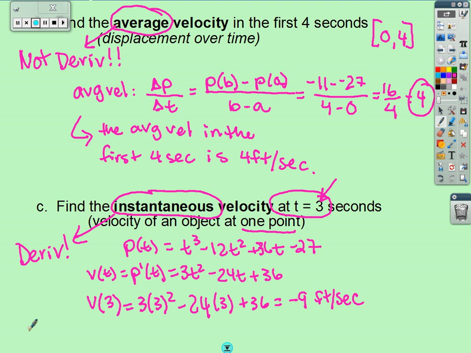So I would say at t equals 3 seconds, when time is 3 seconds, the instantaneous velocity is -9 feet per second.